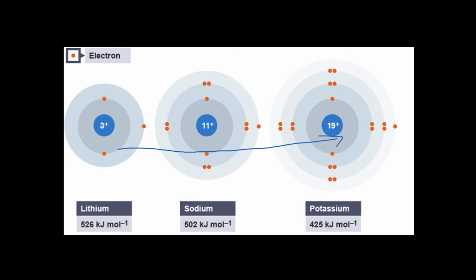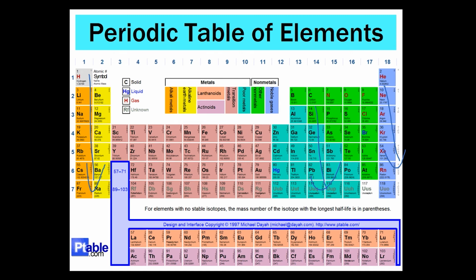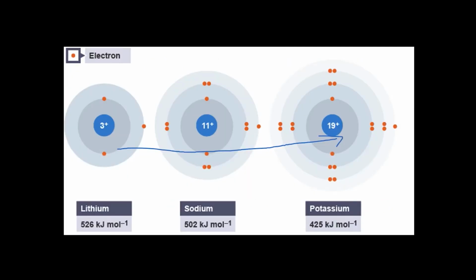So electrons in those outer shells will require less energy to pull out from the atom, because it needs a stable outer shell.